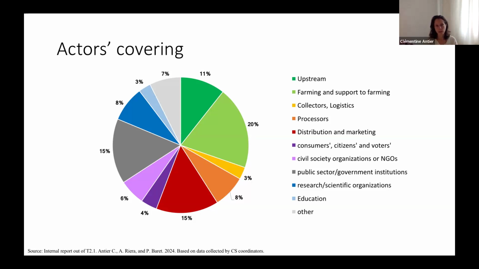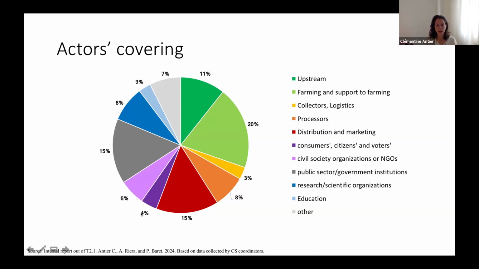It goes from upstream actors, companies that provide inputs, also of course farmers, and advisory services are included in the second category. Then we have all that is in the value chain with collectors, logistics, processing actors, distribution and marketing.